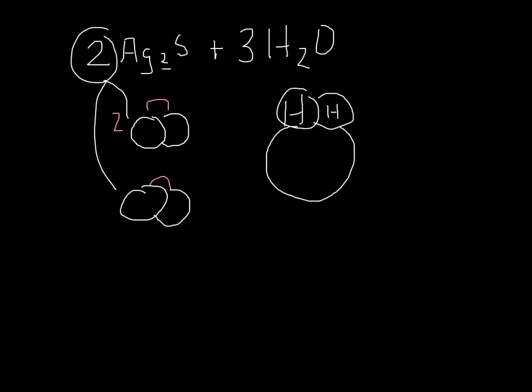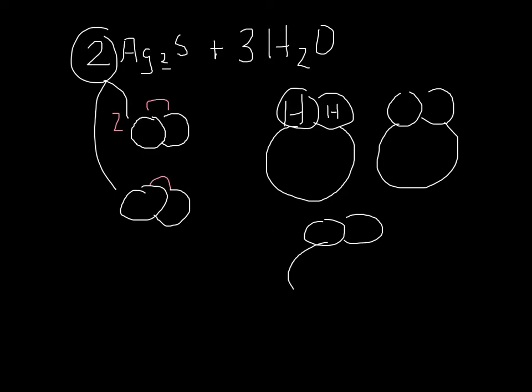I didn't draw that very well, but that's kind of the idea there. Now, this 3, remember, is the coefficient, and it tells us that there are 3 of those molecules. Kind of looks like a frog, doesn't it? But there are 3 of these molecules.